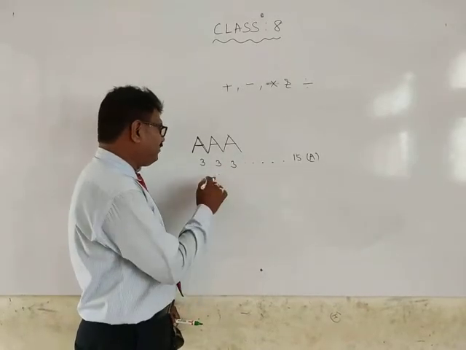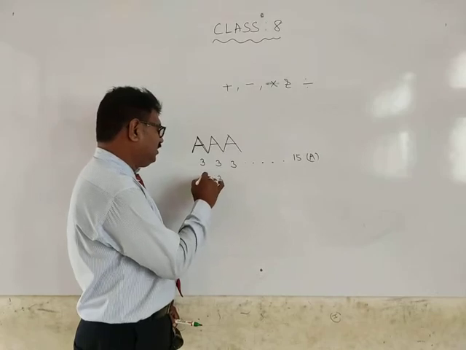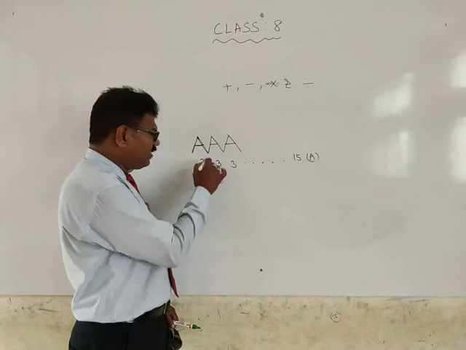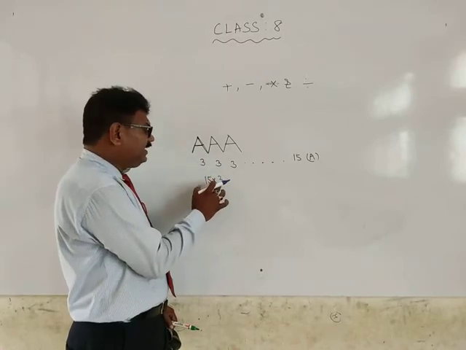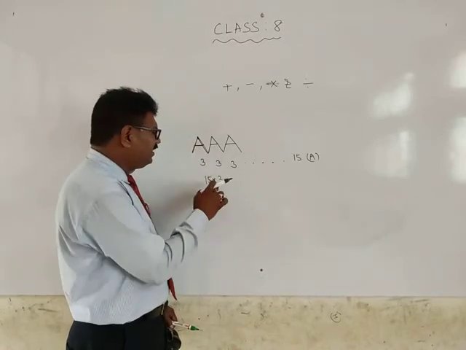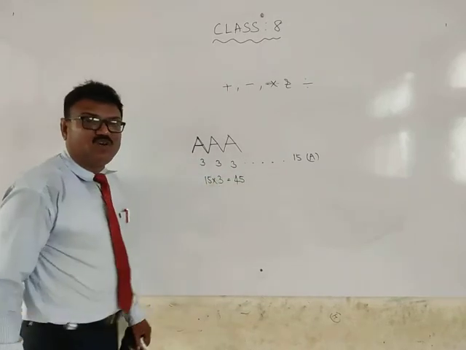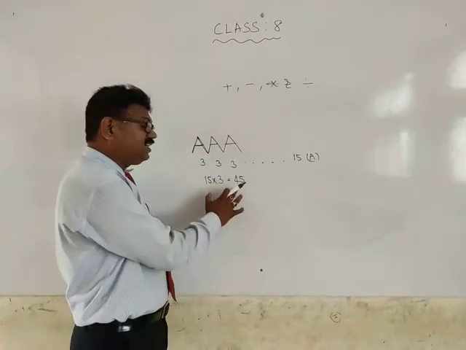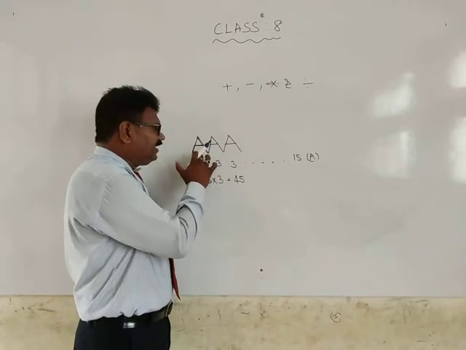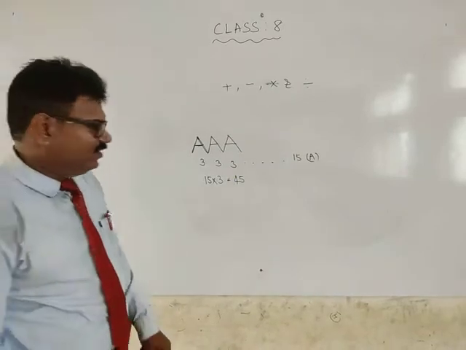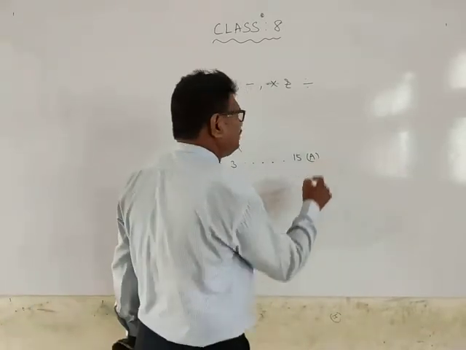So instead of adding, I will write 15 into 3, because the number of A's I want is 15 and each A requires 3 matchsticks. Therefore, the total matchsticks required is 45. Here there is no problem because every A needs 3. Therefore, directly we can write it. One more example I will take.